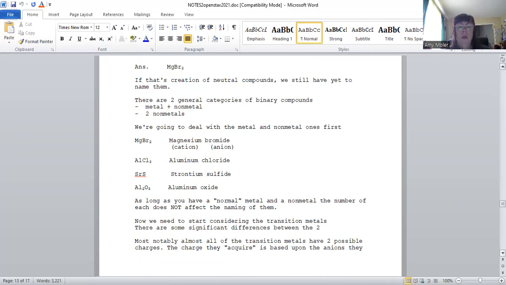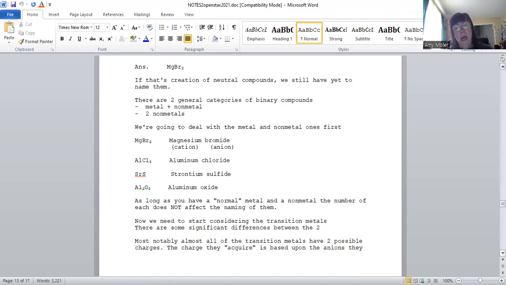So how about the molecule we just made? The first word of your name is your cation part. Hence, when you look at the list here, the magnesium has to be the first word of your name.